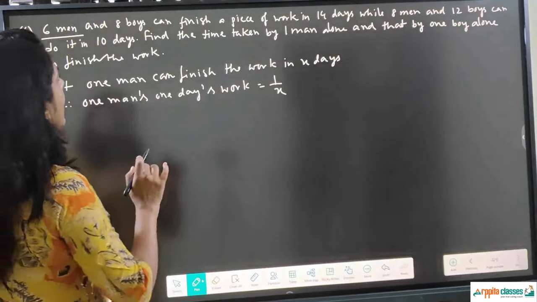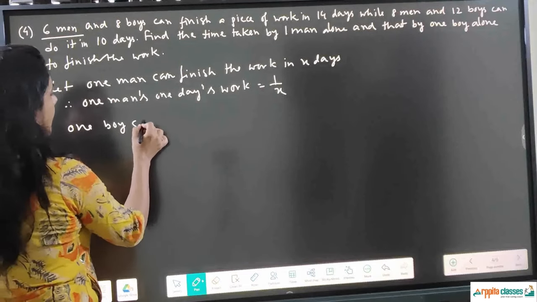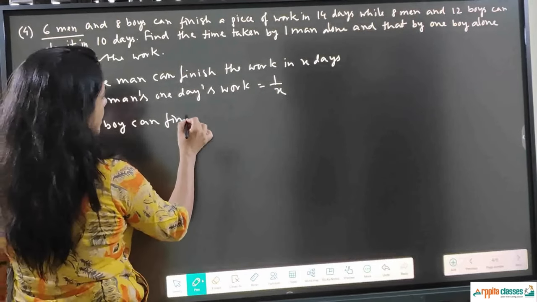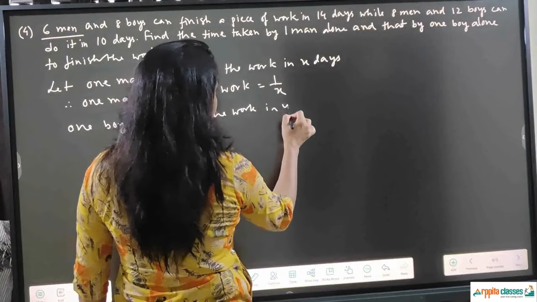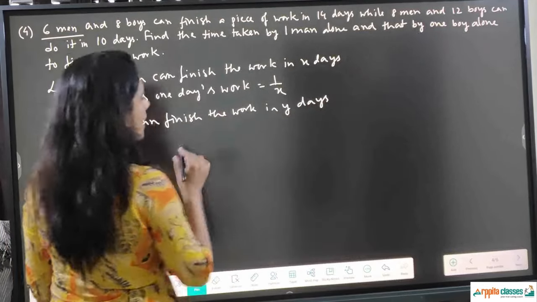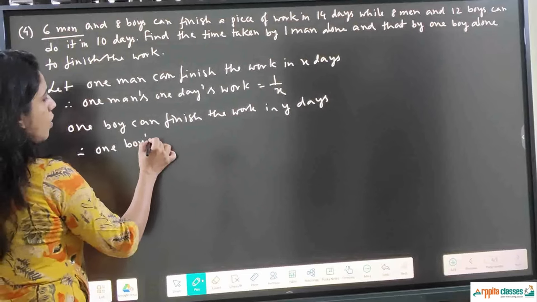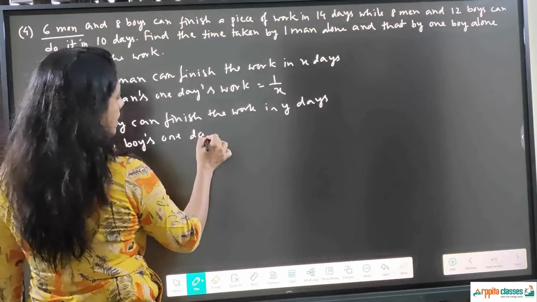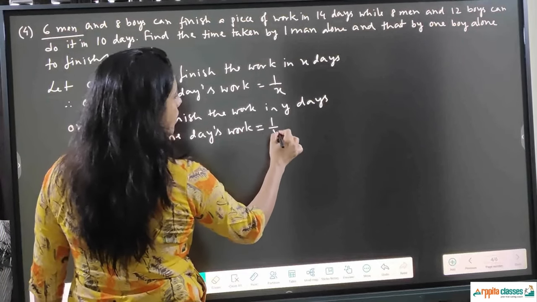That is fine. And boys, let us take 1 boy can finish the work in y days. We'll find out 1 day's work. Therefore, 1 boy's 1 day's work is equal to 1 upon y.